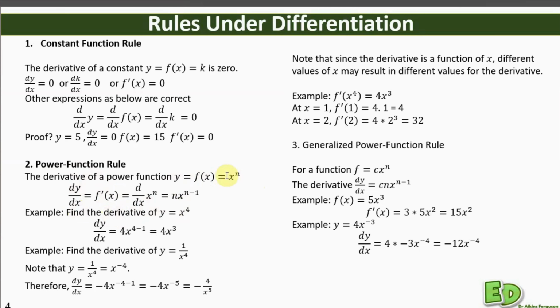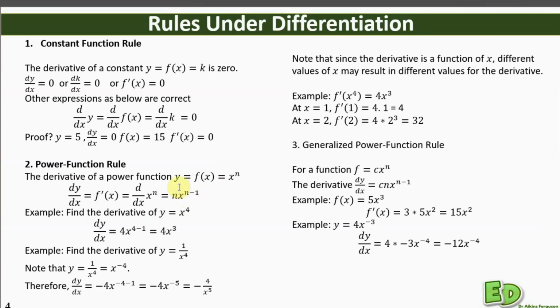So if you have x to the power n, how do you differentiate it? It is having a power of n here, right? So we say to differentiate x to the power n, it is multiplying the power by the coefficient. So the coefficient of this x to the power n is 1. Then n times the 1 will give us n. So it is n x raised to the power n minus 1.